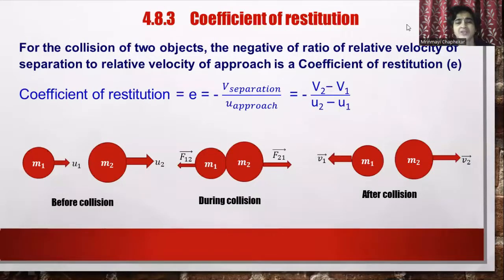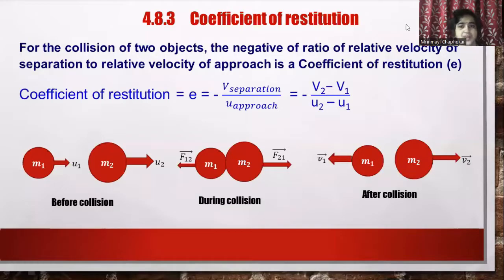Now, as it is head-on collision, all the bodies are moving along the same straight line. So the vector treatment at present is not essential. Now, before collision, the relative velocity of approach is u2 minus u1, and after collision, relative velocity of separation is v2 minus v1.